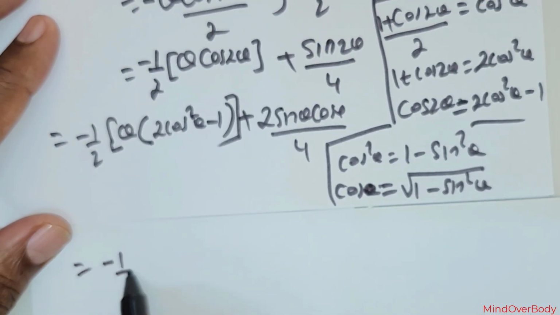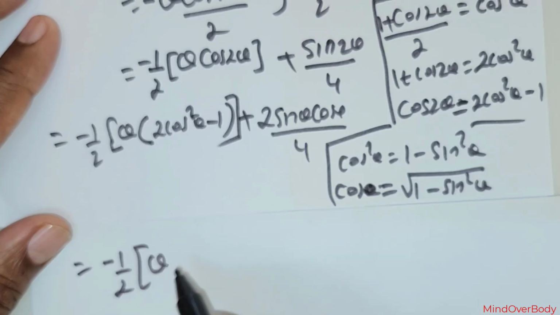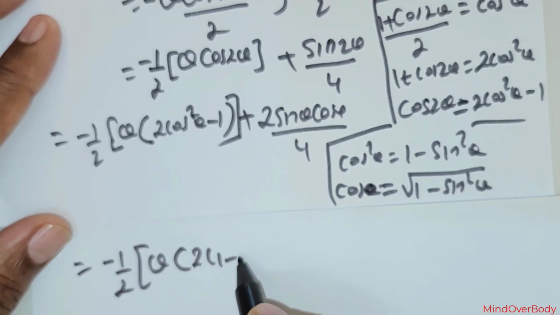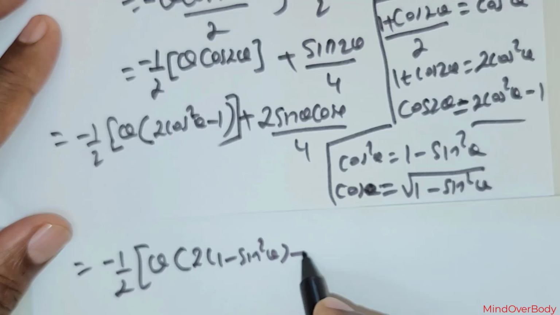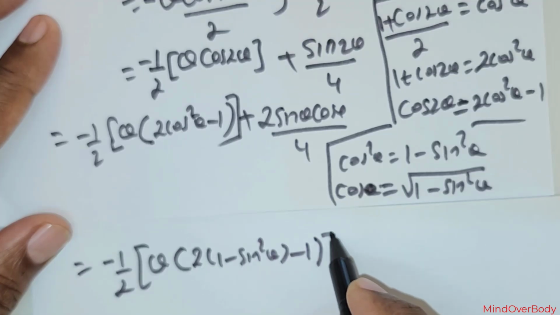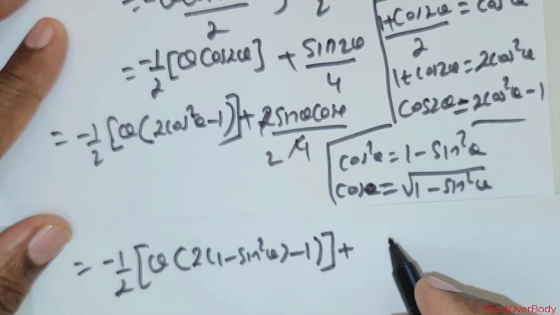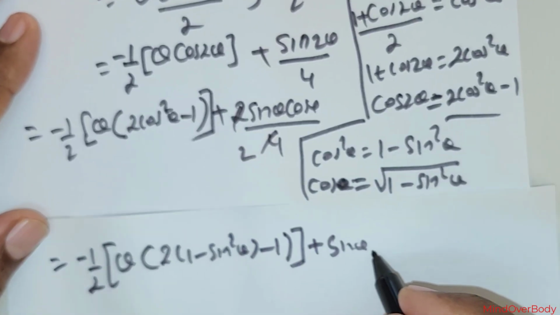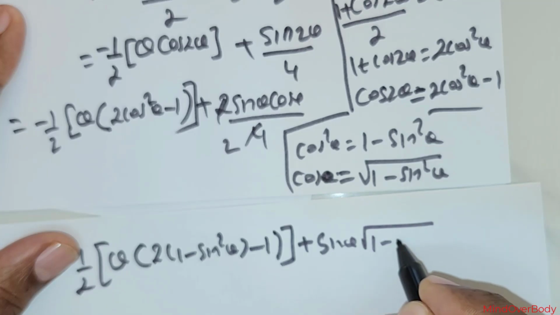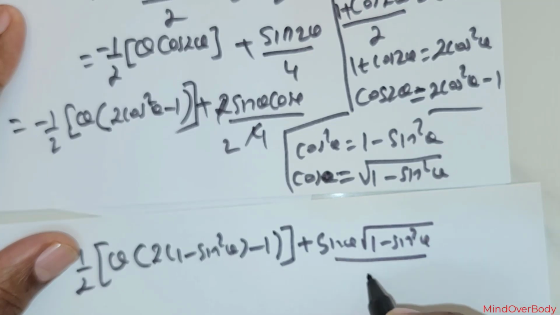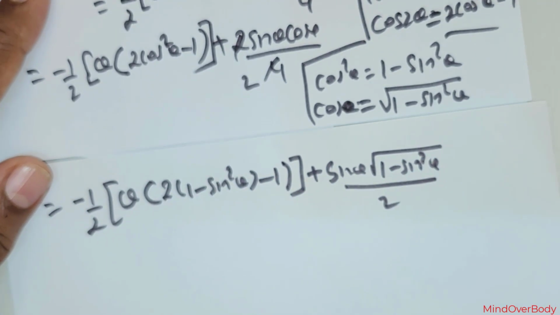So this is equal to negative 1 over 2 of theta of 2 times of 1 minus sine square theta minus 1, parenthesis, plus 2 times sine theta, cos theta is the root of 1 minus sine square theta, divided by 2. So this is what we've got.